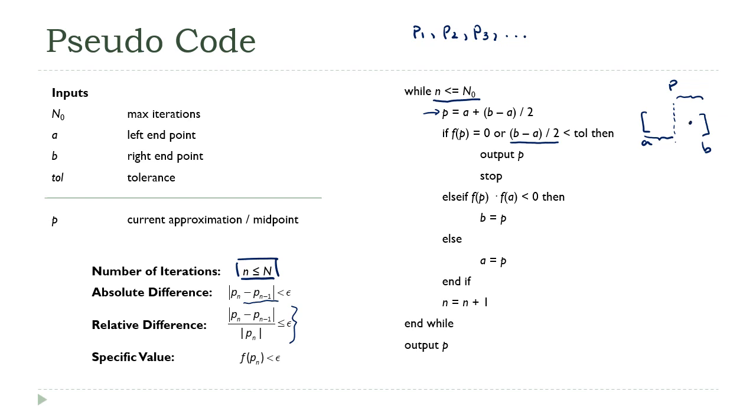So what do I know about it? Well, at this point, because of the current size of my interval, I know that actual value is no further away from my midpoint than this distance here, and that distance is (b minus a) divided by 2. So that works, but it is kind of unique to our particular algorithm.